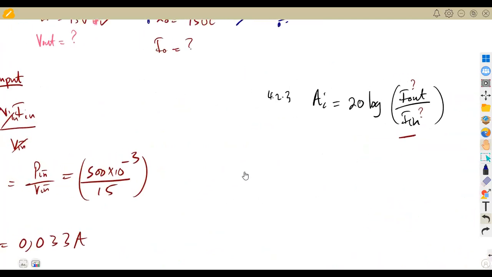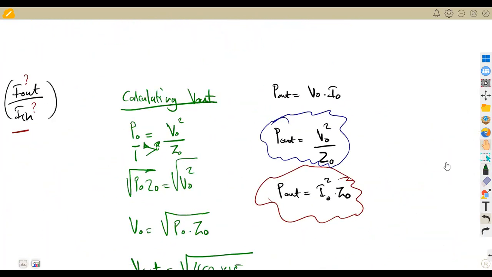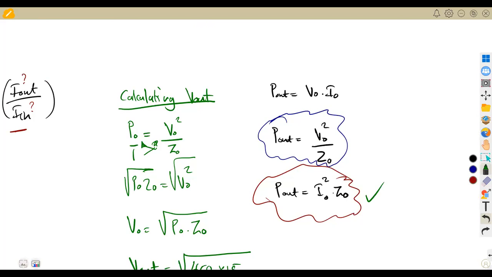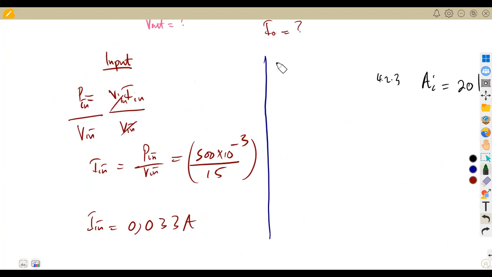We need power, current, impedance, so that is for the output. The power is going to be given as I squared times the impedance, at the output.